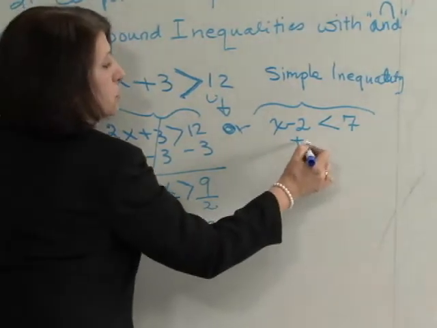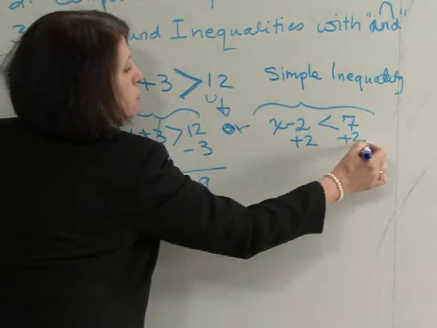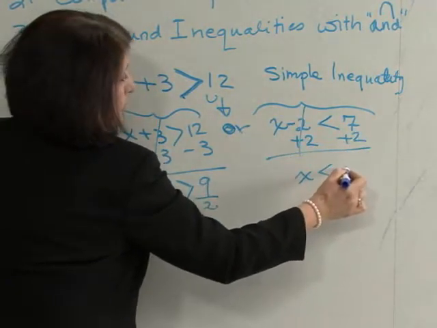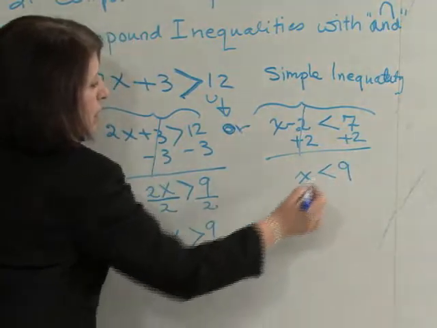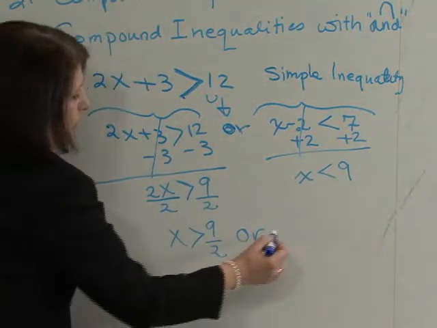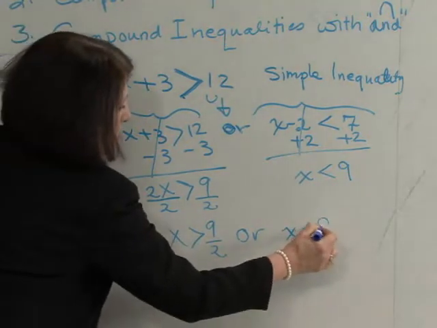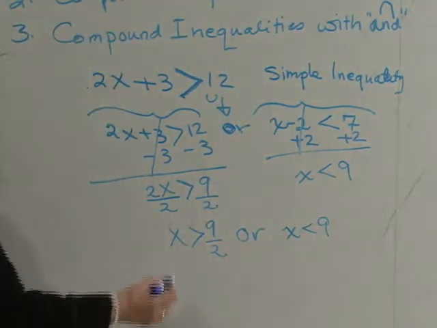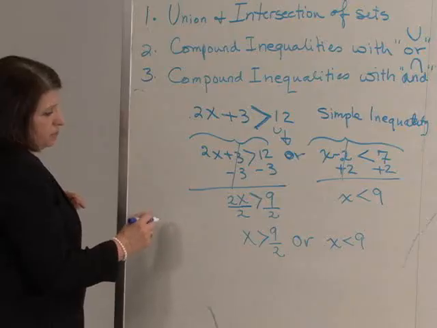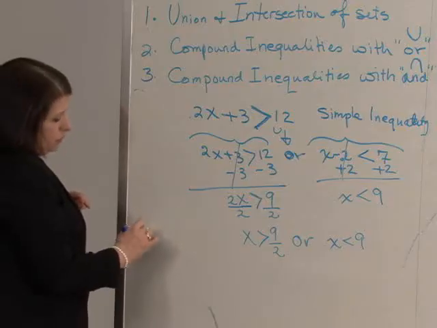Now we need to solve the second one, so add 2 to both sides. That gives you x is less than 9. And that would be the second part. So we have x is greater than 9/2, or x is less than 9. Remember that, this is the algebraic solution.